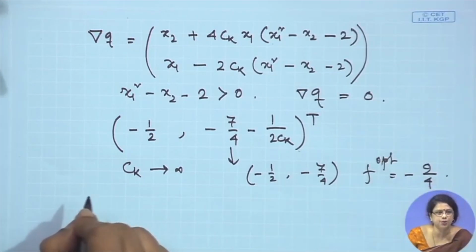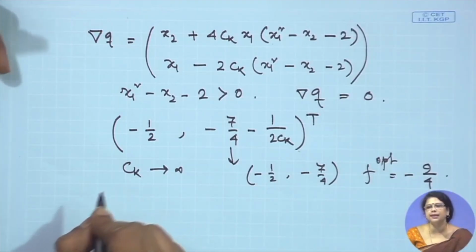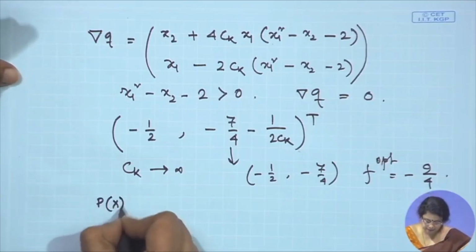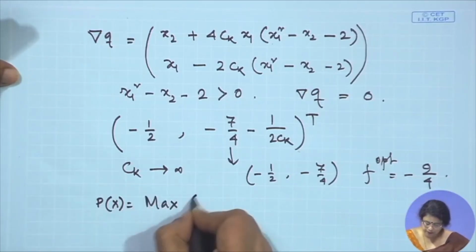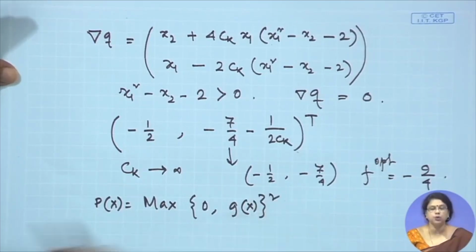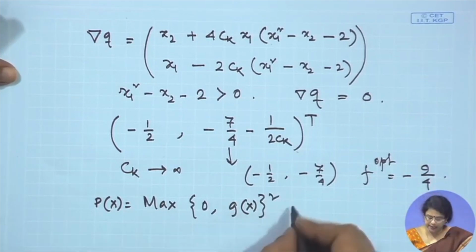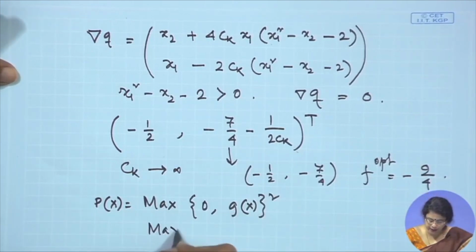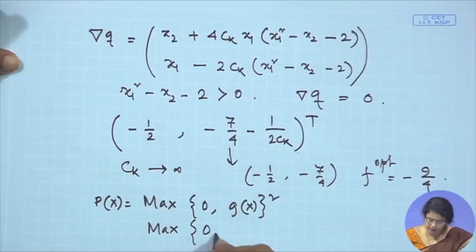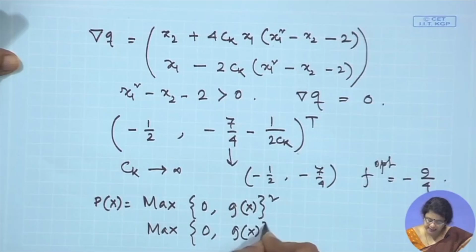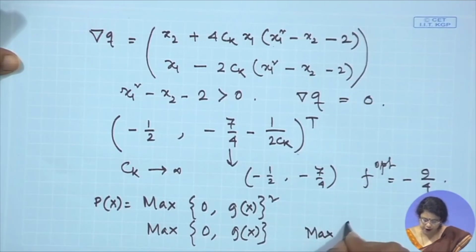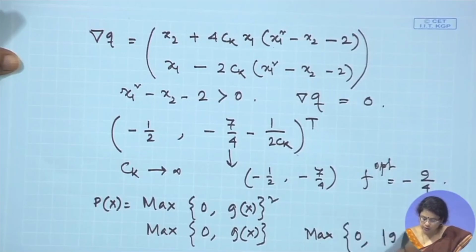Now, what I suggest to you is that we have considered the penalty function as max of 0, g(x), to the power square. Instead of that, find out the solution for the same problem by considering g(x) alone, or consider the penalty function as max of 0, mod g(x).